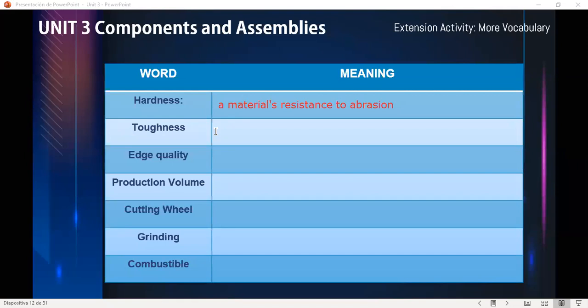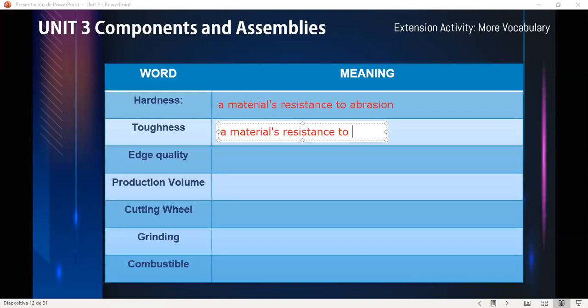Now it's the same material's resistance, but not to abrasion. To what? I don't remember that word so much, but it is the material resistance when you subject the material to tension and bending.